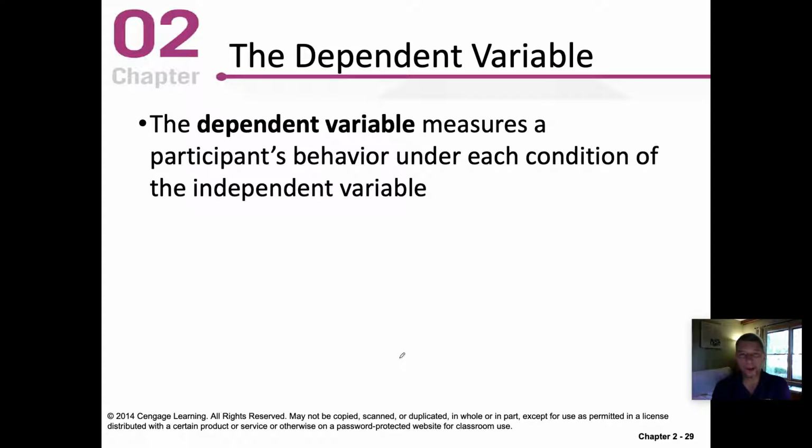And all experiments need to have at least 2 different conditions or treatments of the independent variable, and one dependent variable, the outcome, the measurement that you're making in order to, quote unquote, prove your point, if you will. So independent variables and dependent variables, very important to consider when you're designing an experiment.